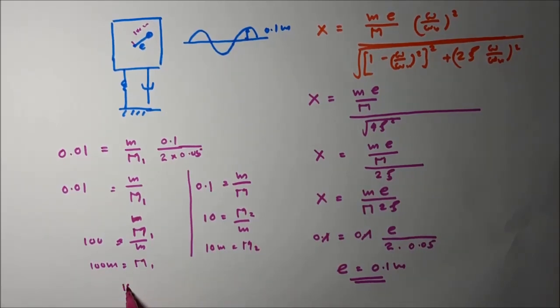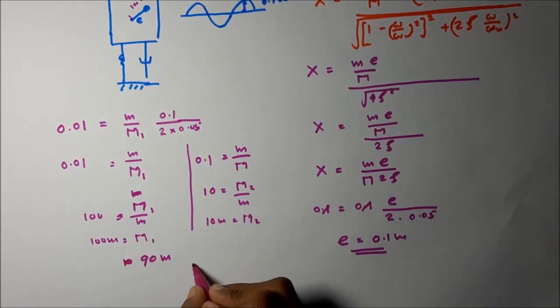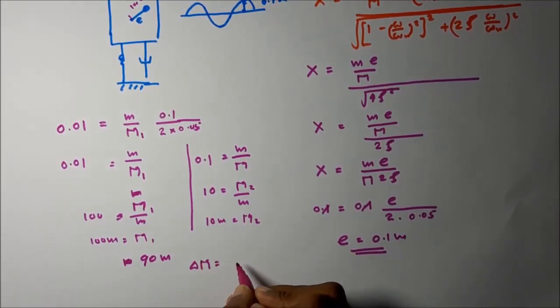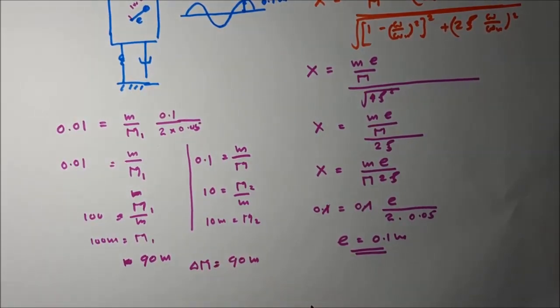That is equal to 90 m mass that we have to add to the m2 mass. Finally we have 100 m mass. So delta m is equal to 90 m.